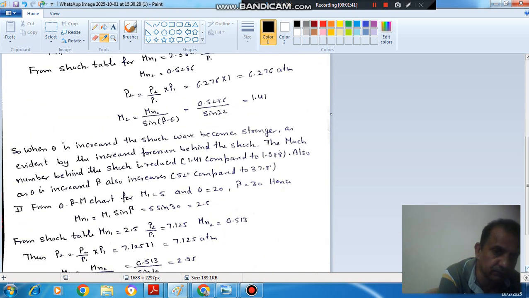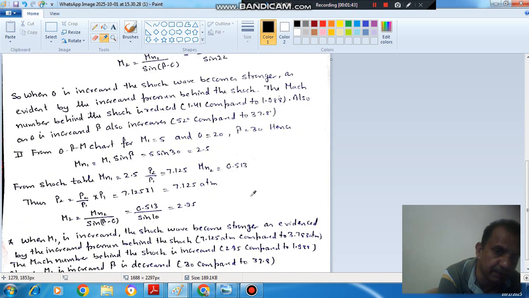In the second part, when Mach number was increased, Mn1 was 2.5, P2 was 7.125, and M2, the Mach number after shock, was 0.516. So these were the data.